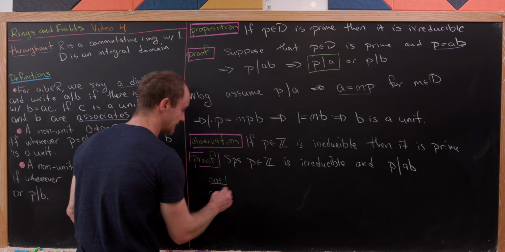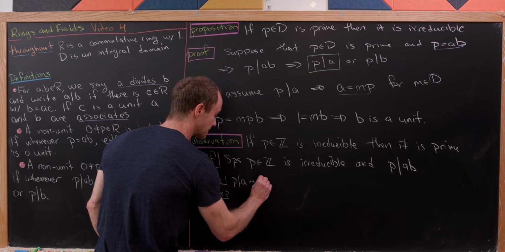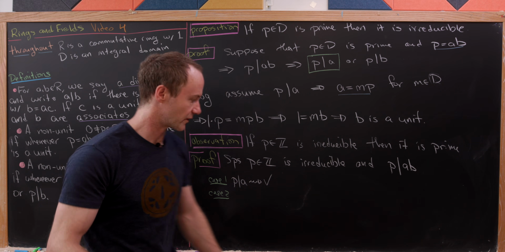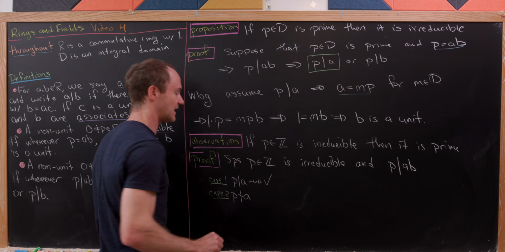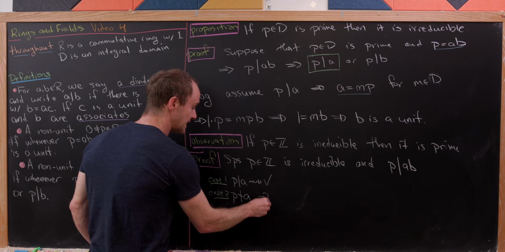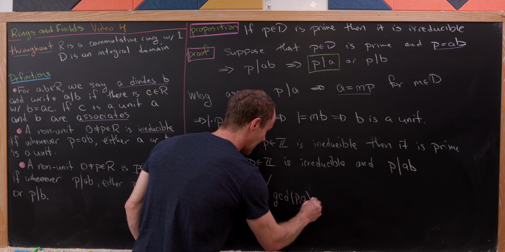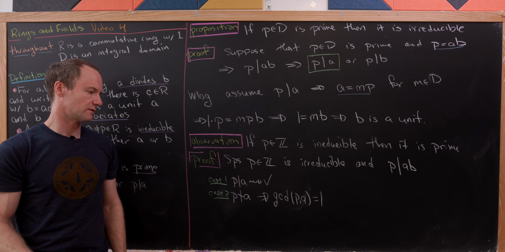The first case would be p divides a, but in that case, we're definitely done because we have achieved the definition of a prime over here. The second case would be p does not divide a. But if p does not divide a, that means that the GCD of p with a is equal to 1. I think that's pretty well known.